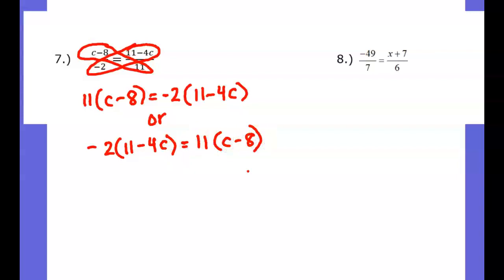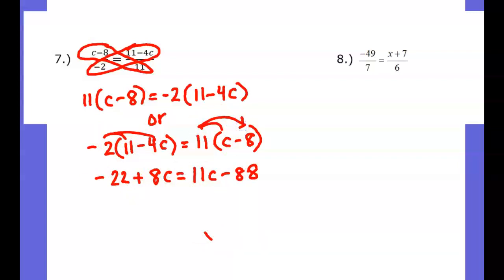Okay, so with number 7, when I did this, I'm going to distribute, I'll just do this one here. I get a negative 22 plus 8c is equal to 11c minus 88. So I just distributed both the 2 and the 11. I'm going to move the variable. So I'm going to take the 11c and move it to the other side.